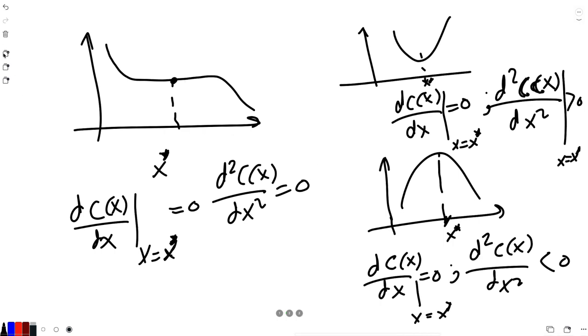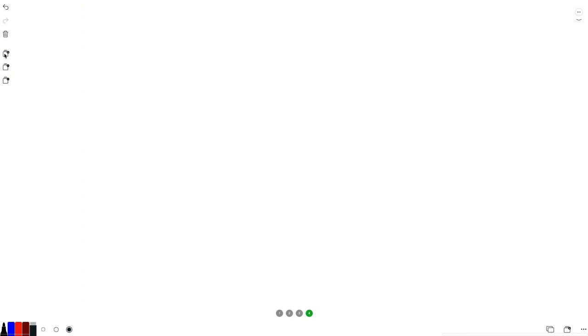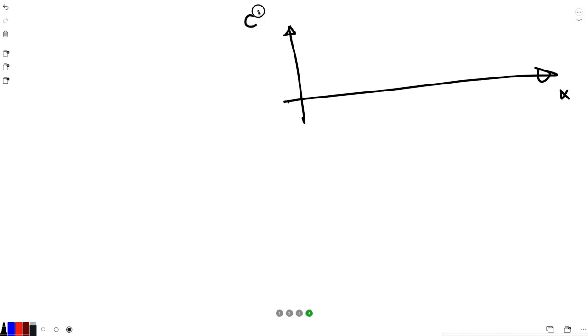Now let us go to another definition. Usually for a single function, we might have many critical points. For example, assume that for a single function like c of x, a cost function, we might have such a situation, and so on.